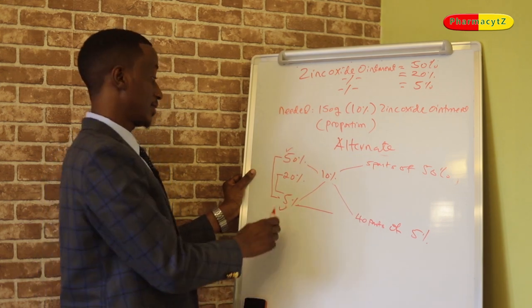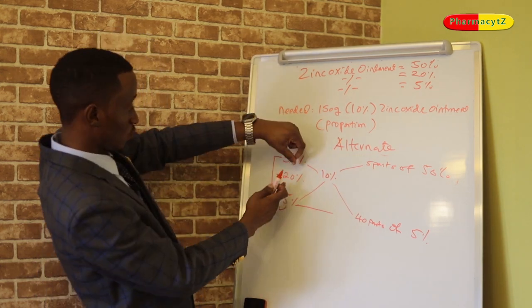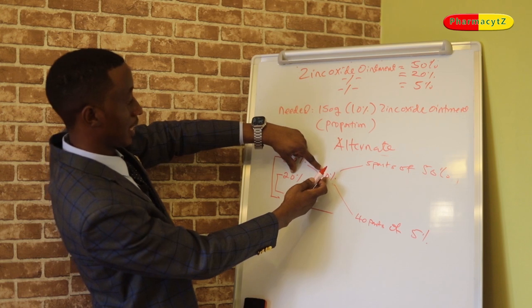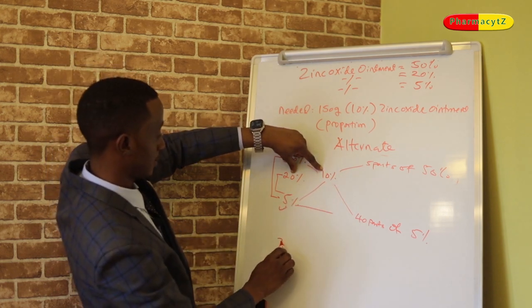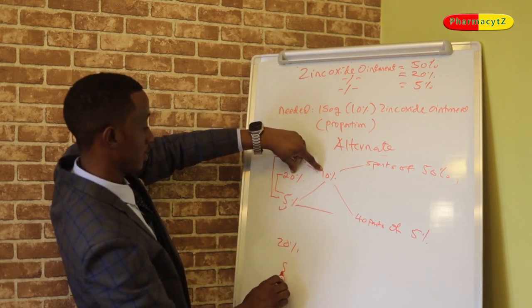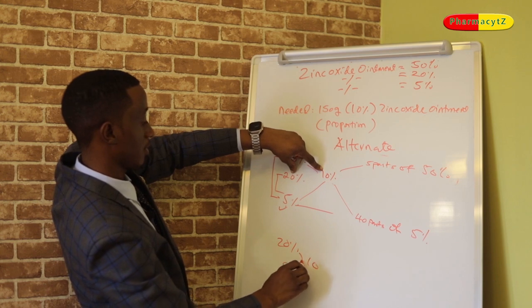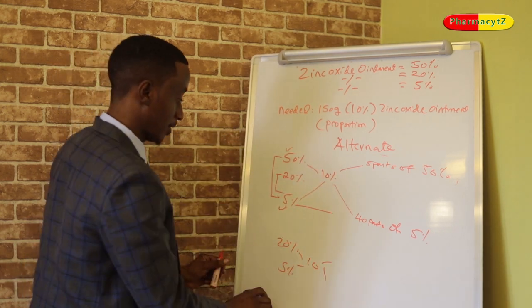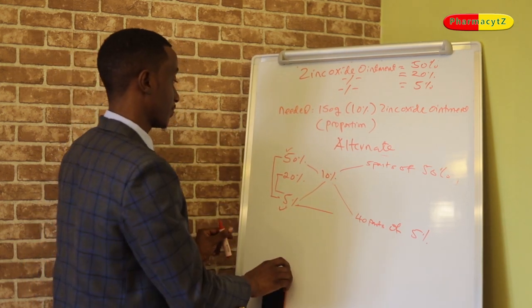What follows next? This is 20 and 5. So 20 and 5 are going to be plotted against 10. This is equivalent to saying like this, as you can see here below. So let us do it quickly.